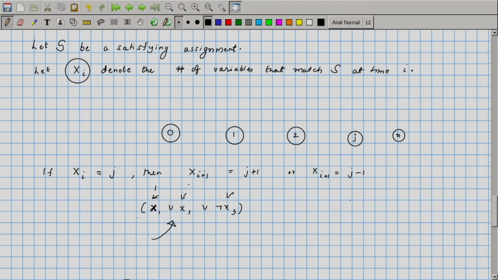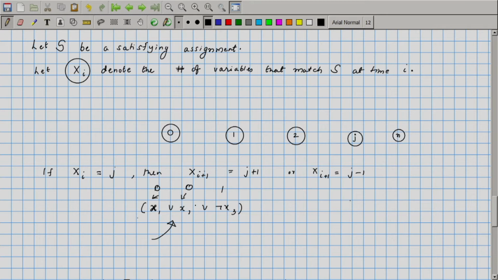So, let us say the values are 0 0 1. If this is unsatisfied, then its value is one particular value, it cannot have multiple values.